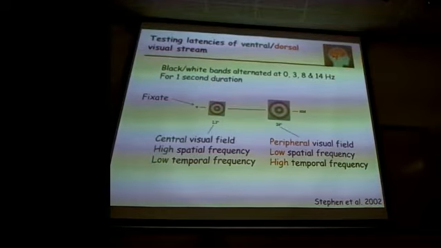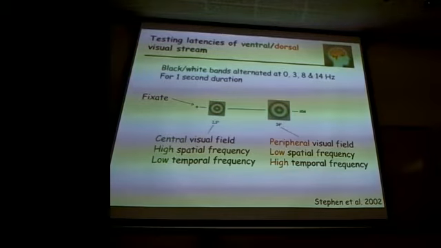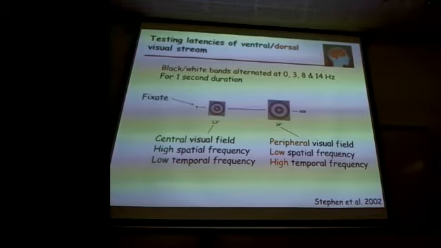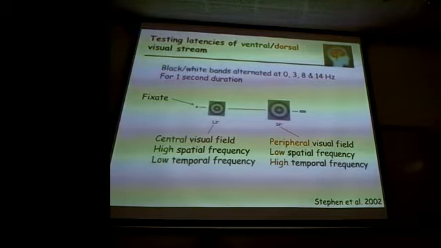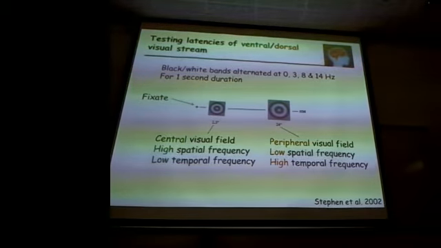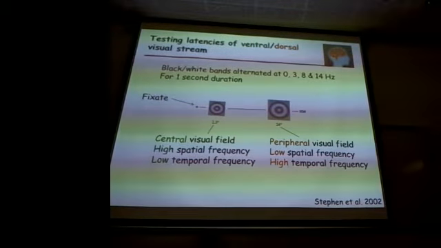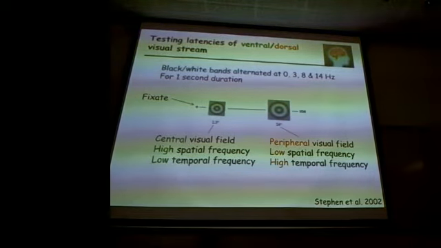And what we were really looking at was the ventral and dorsal visual stream. So the ventral visual stream really is more interested in the details of visual stimuli, and the dorsal visual stream is really interested more in the temporal properties of those visual stimuli.